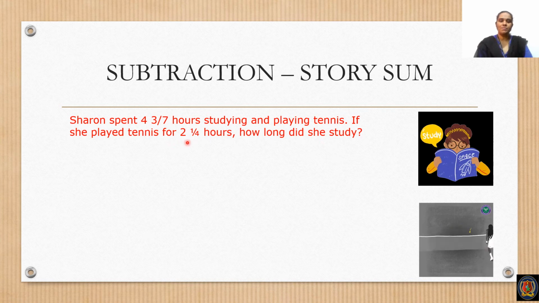The time she spent for tennis is given. We know the total time spent in studying and playing tennis. We need to find how long she studied. What do we have to do here? We have to subtract.